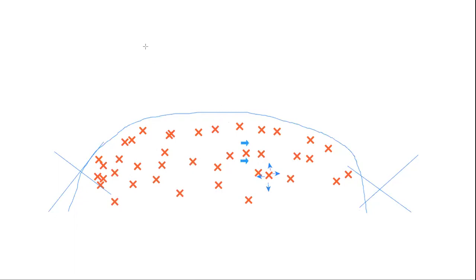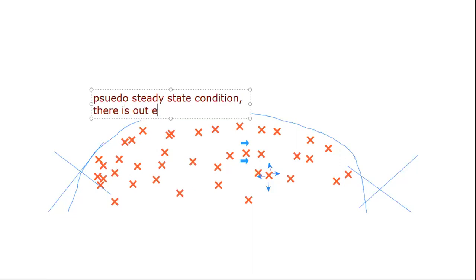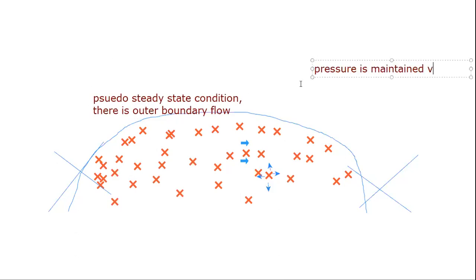So in the pseudo-steady state condition, there is no outer boundary flow. The pressure is maintained via fluid expansion only. This is the pseudo-steady state condition.